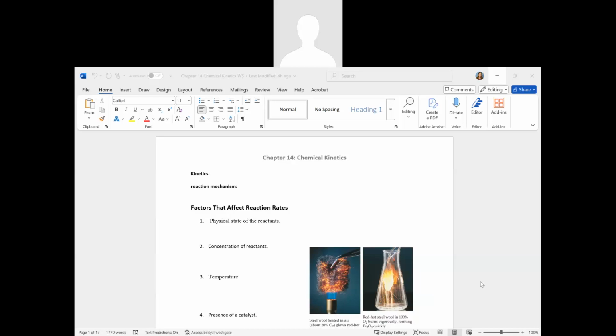Next we have temperature. So temperature is a measure of the kinetic energy of the molecules. So as you increase temperature, you're giving these molecules more kinetic energy, they're moving faster, and then they're colliding more often with greater energy. So they're able to react again at a faster rate.